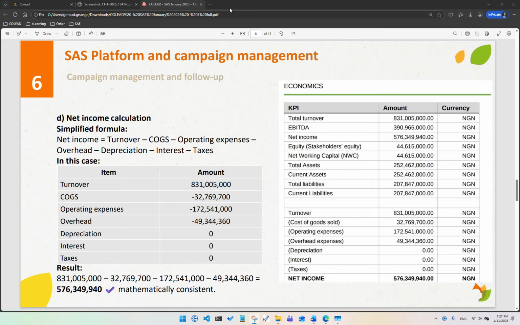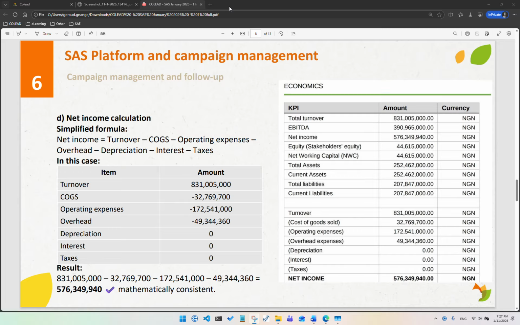The calculation is mathematically correct, of course, but the resulting net margin is approximately 69%, which is almost impossible in normal economic conditions, and suggests that costs are under-declared, or that revenue and profit have been manipulated.